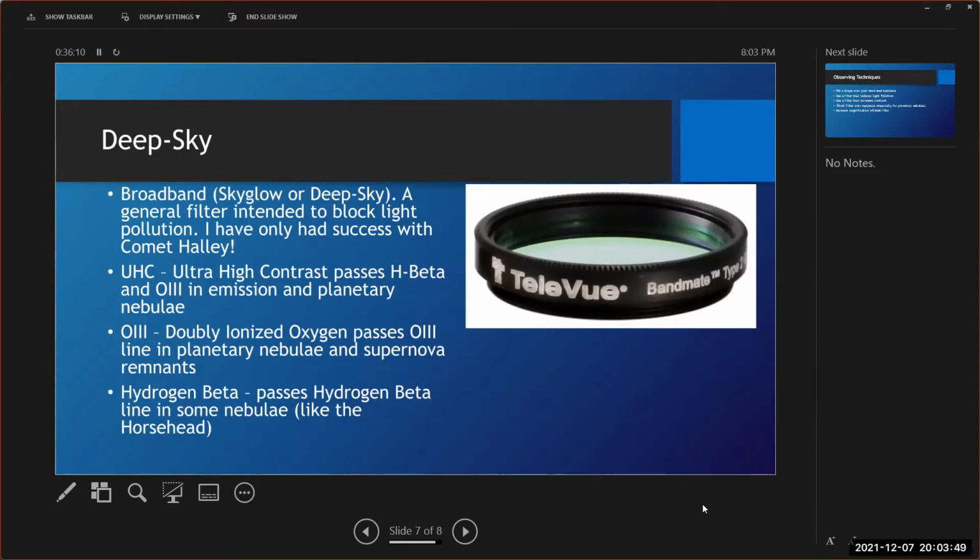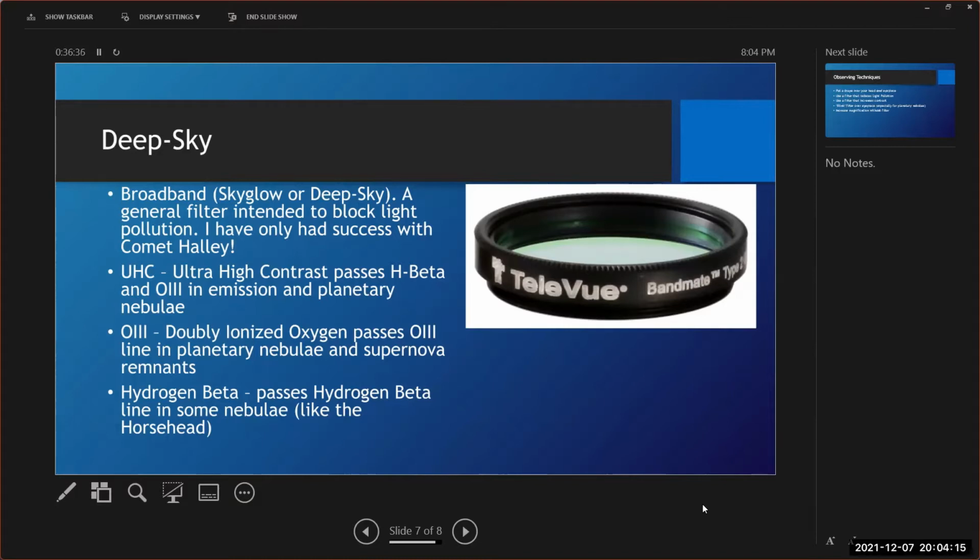It makes sense that they're easier to make because they don't block as much. That's one of the things that makes a narrowband filter expensive: how narrow the bandpass is. The more narrow you make the bandpass, the higher the price tag for the filter.